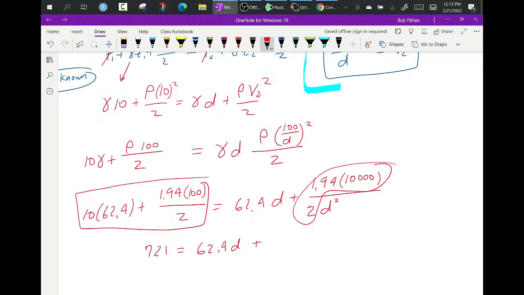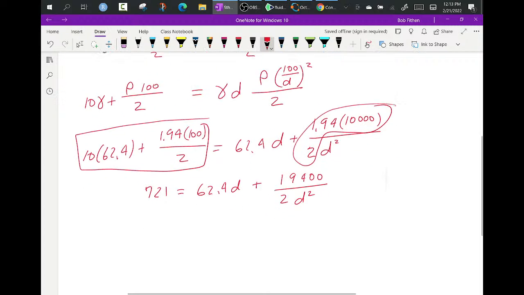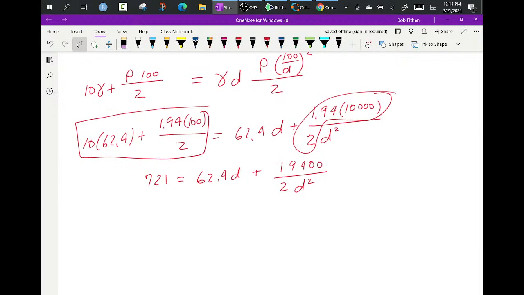However, let's do it this way. Over 2 D squared. So what I'm going to do is multiply both sides times 2 D squared. So I'm going to go ahead and multiply 2 times this and this and this.